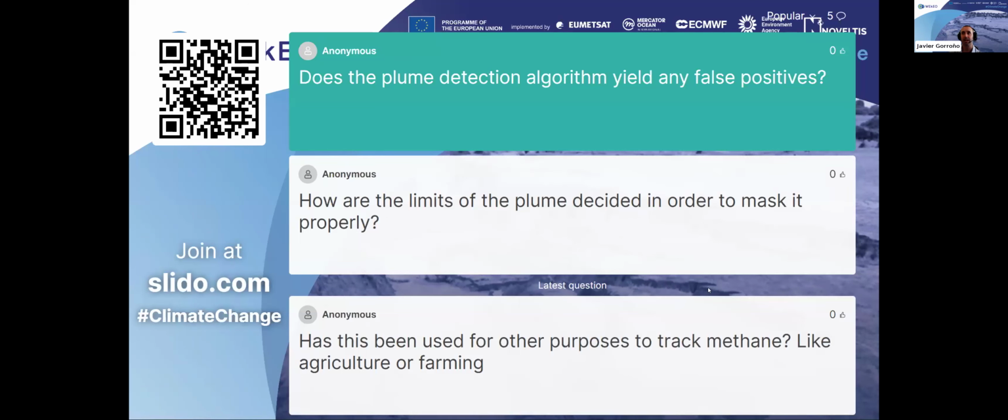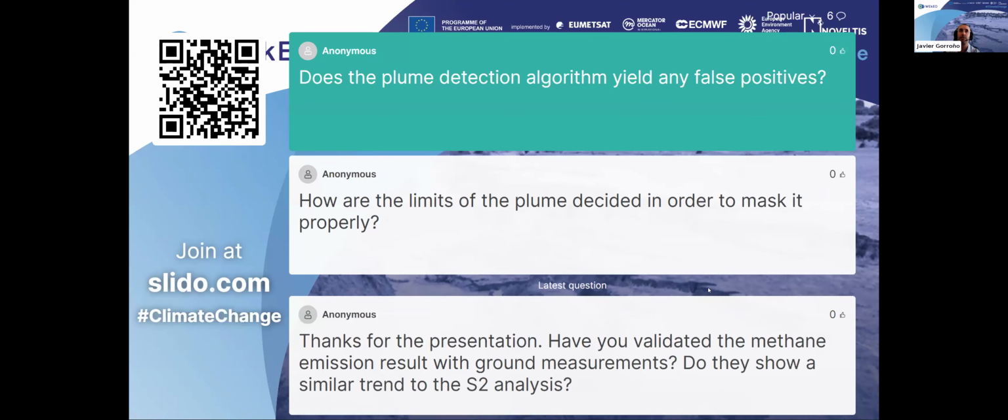For example, you need to make sure that the plume is going in the same direction as the wind, that it has this sort of expected plume shape and so on. So there are many things there. And yes, still there you can find false positives, of course, but they are rare after you have all these steps. Okay, it's clear. Thanks.